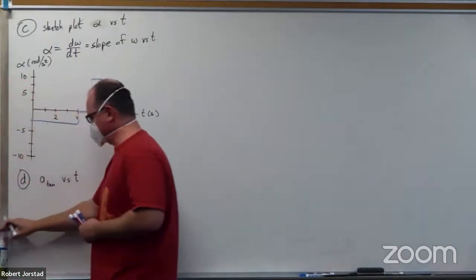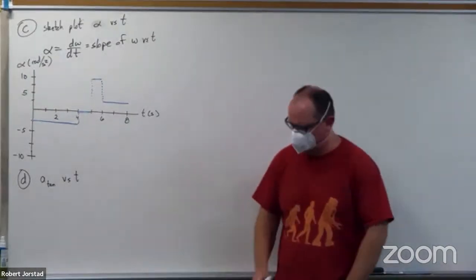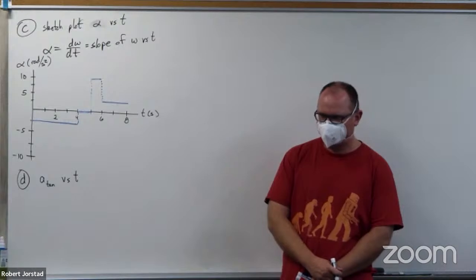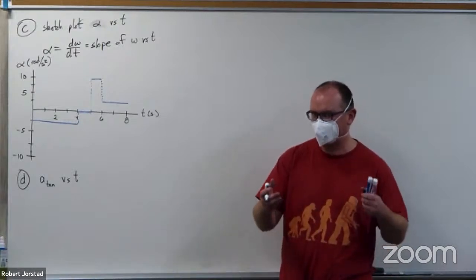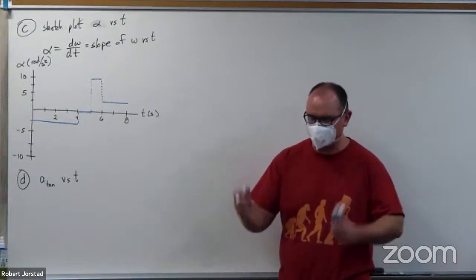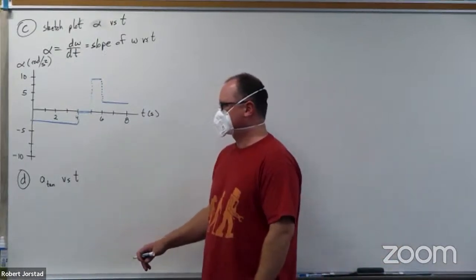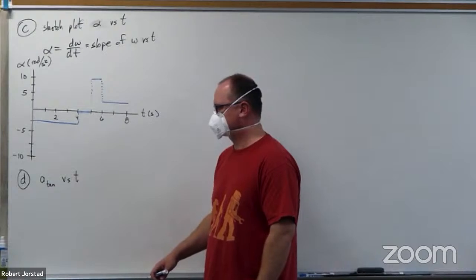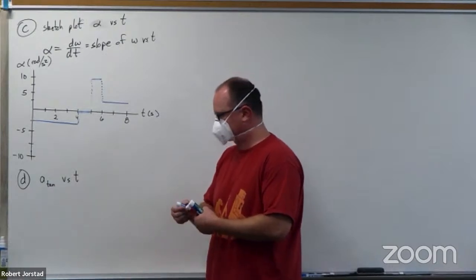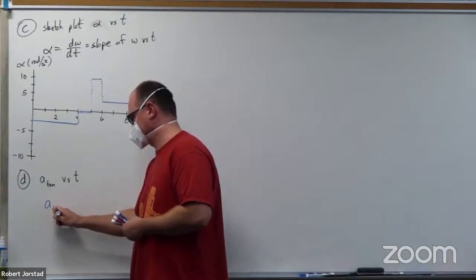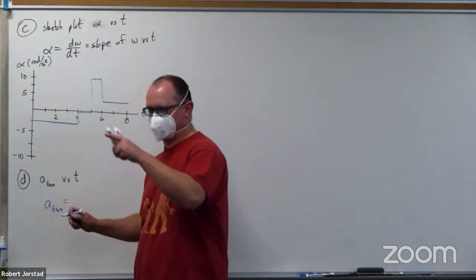How would you plot A tan versus t? Here's a hint. What's an equation that relates A tan to one of these parameters? What's an equation we know for A tan? R alpha. R omega is v.